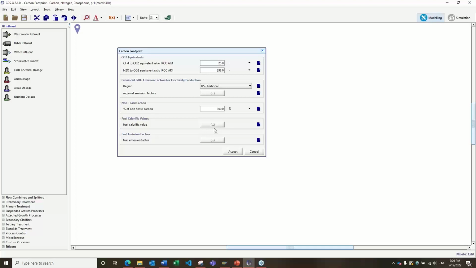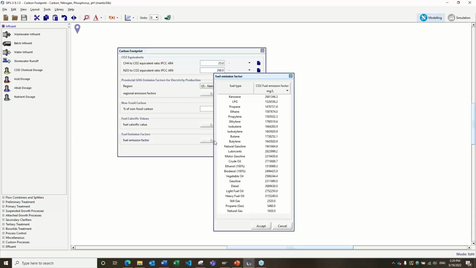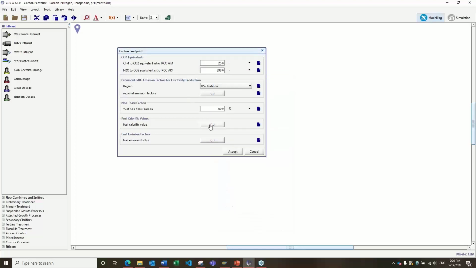The other part is the calorific values, which we use to estimate how much fuel consumption will be required, and then some of the fuel emission factors, like the CO2 equivalent of those fuels. So we have all of this information here, which you can use as it is, or you can modify it depending on your needs. This is the first place where you will come and change your global settings.